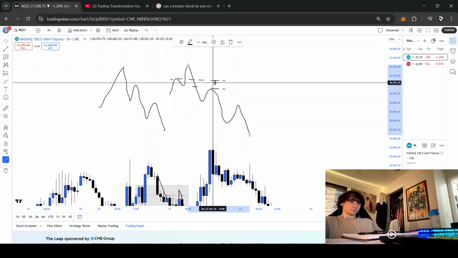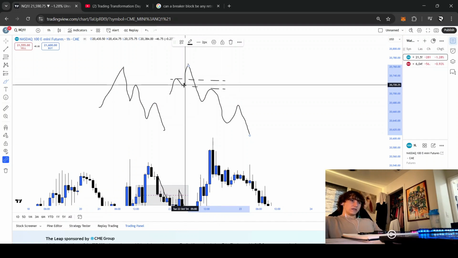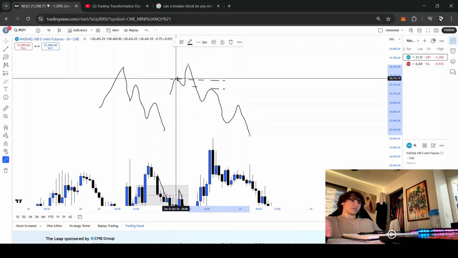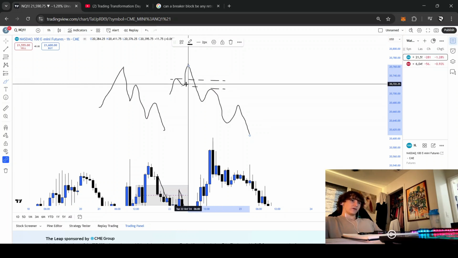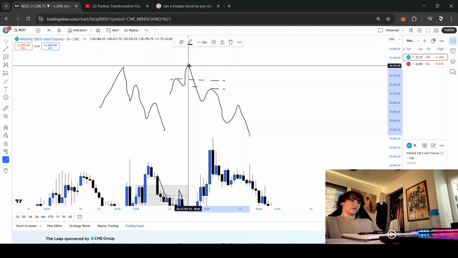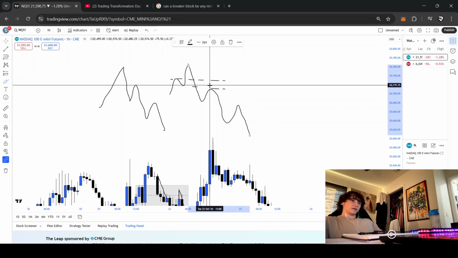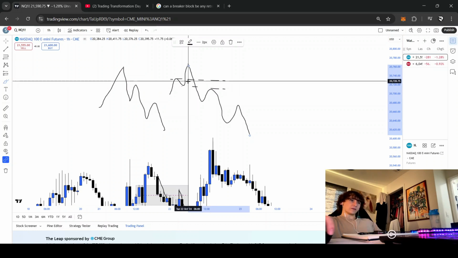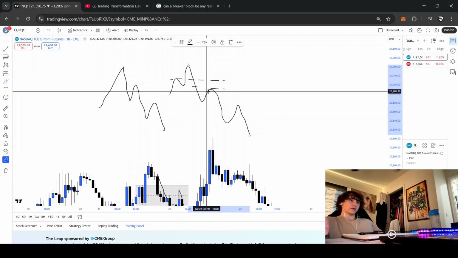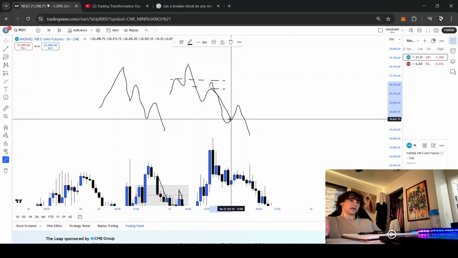So we can assume that we sell down in this little area so that more buy orders could be filled. Now that we broke through it and we revisit it, we can assume that there's only going to be sell orders there because all the buy orders are out because we broke through it. So price will tap into it and then continue down.